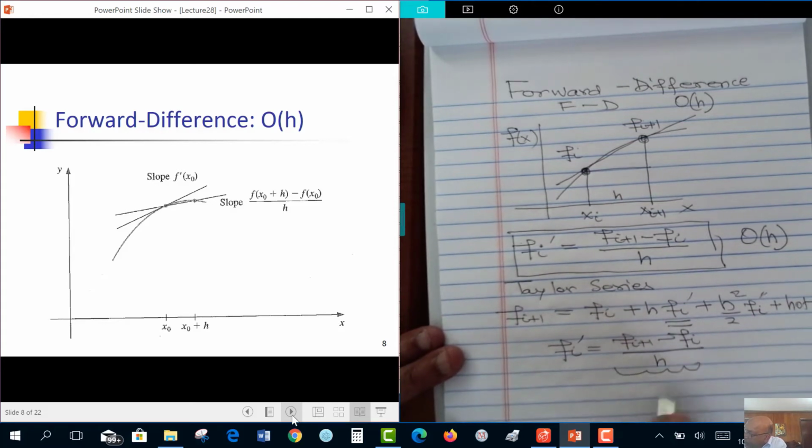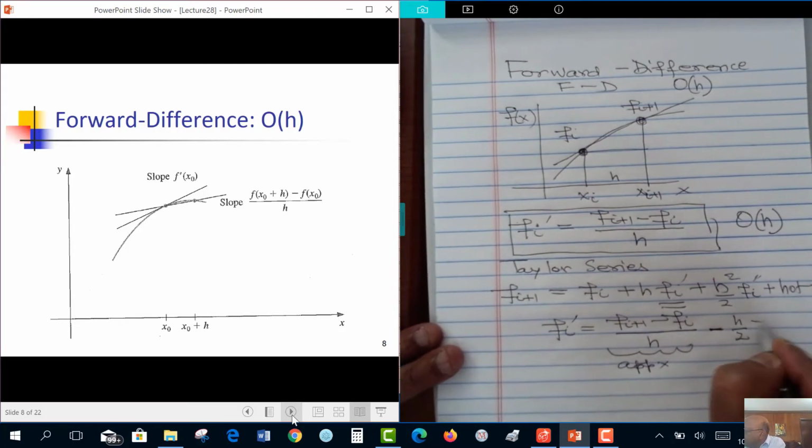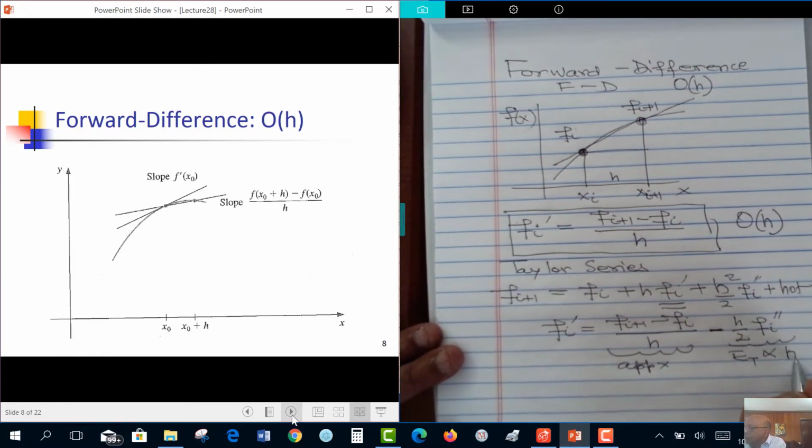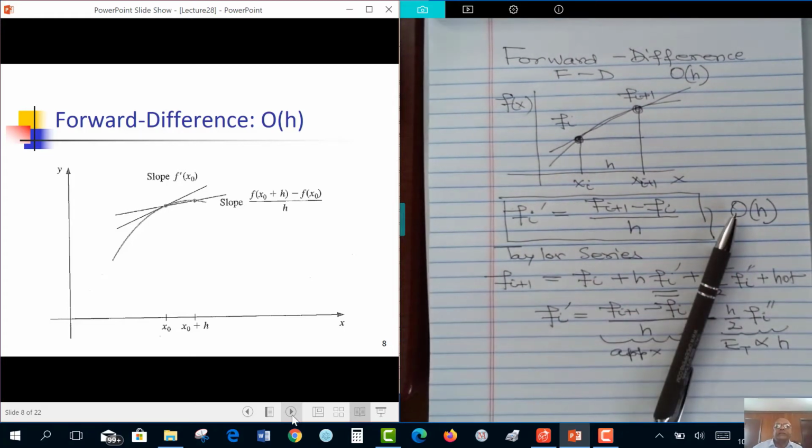So this is our approximation. You see it in the box above. And our error would be h over 2 f_i double prime. So you can see truncation error proportional to h. So that's why this is an order h formula.